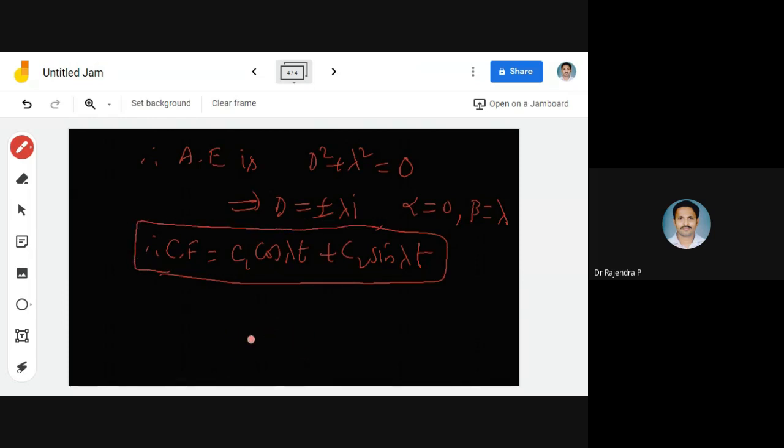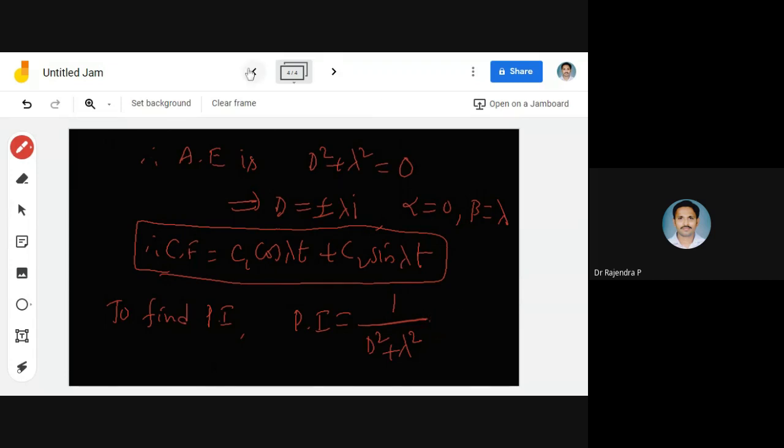Once we have the complementary function, we need to find the particular integral. So to find the particular integral, we'll go as usual. PI is equal to 1 by f of d. Here f of d, you please take it as d square plus lambda square form, because already I introduced lambda square in place of 1 by LC.